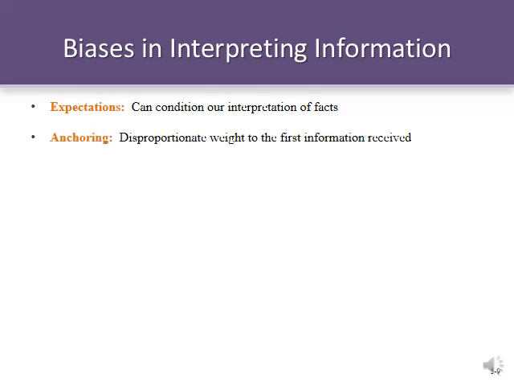Another form of bias is the idea of anchoring, meaning disproportionate weight to the first information received. If we were meeting in a classroom right now, I would conduct an experiment with you. I've done it in a tremendous number of classes, even quite small classes. I would divide the classroom into half. In one half of the room, I would give a piece of paper with 2 statements on it.